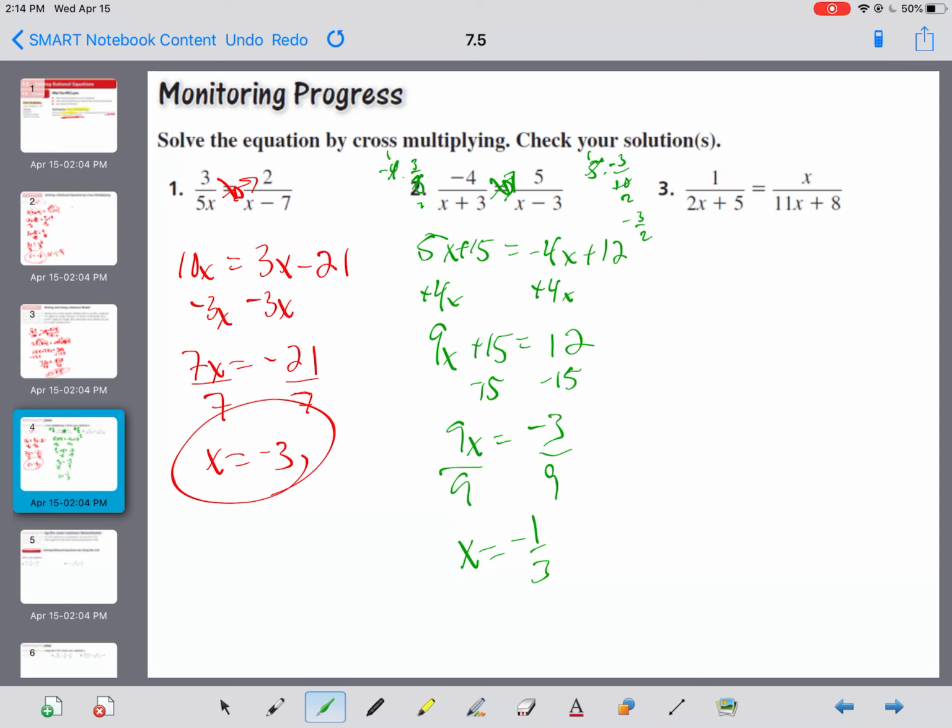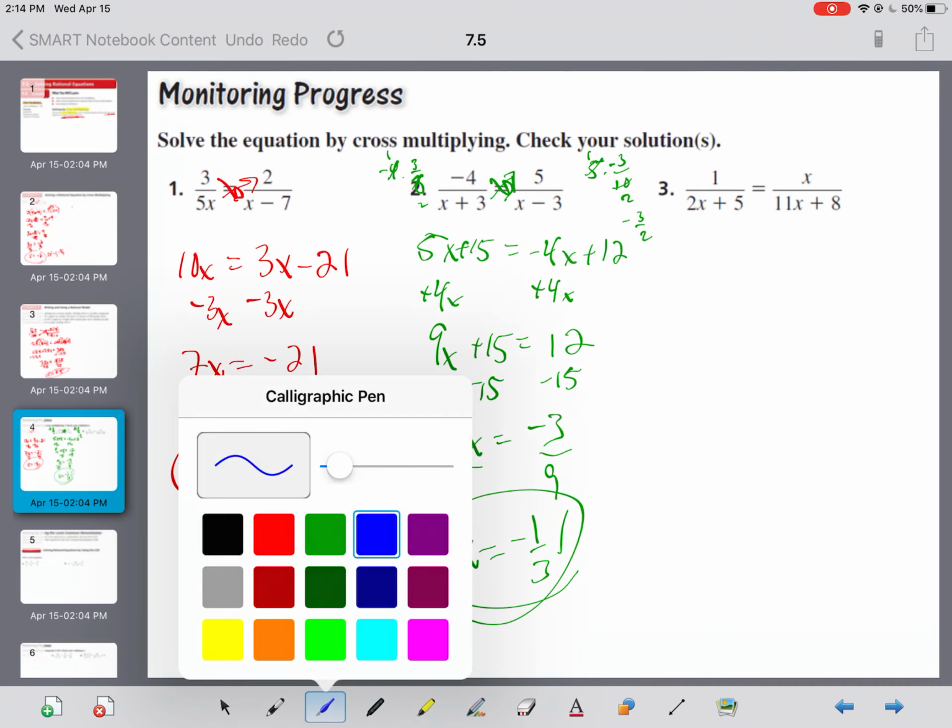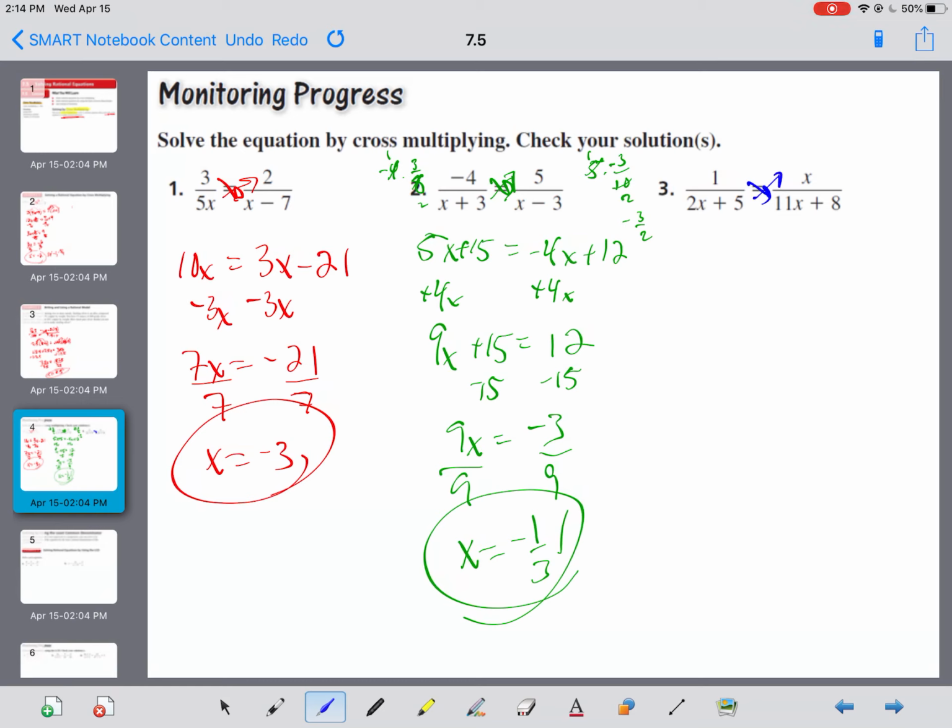All right. And we did negative 4 over 8/3. So negative 4 times 3 over 8. 4 goes into that once, goes into that twice. Negative 3 over 2. Checks out.